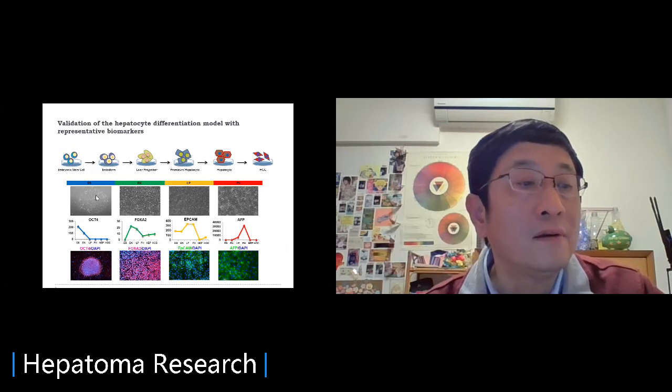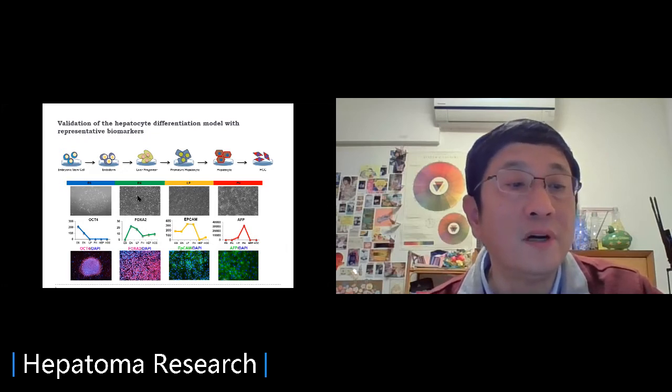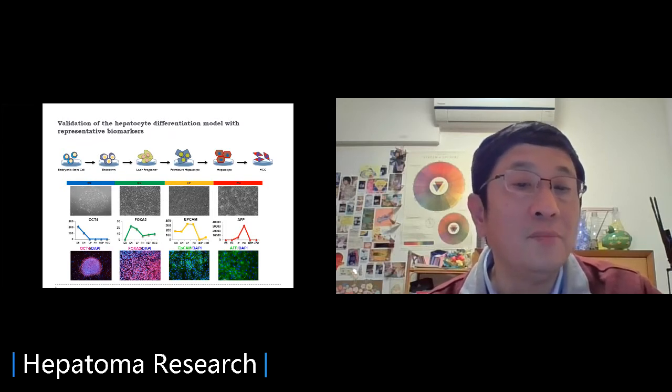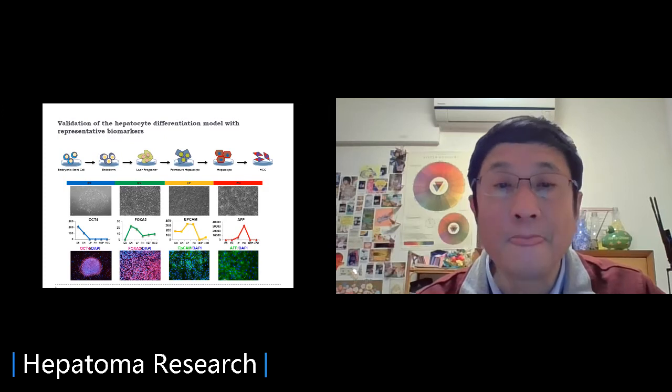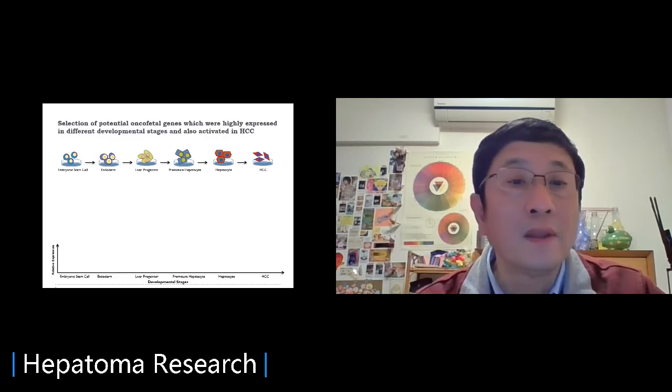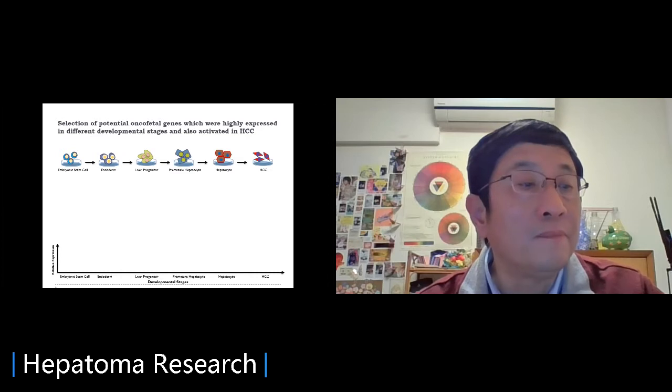Here we show the morphology of the cells at different hepatocyte developmental stages. The middle panel shows representative biomarkers, and the lower panel shows the immunofluorescence staining of these biomarkers at different hepatocyte developmental stages.